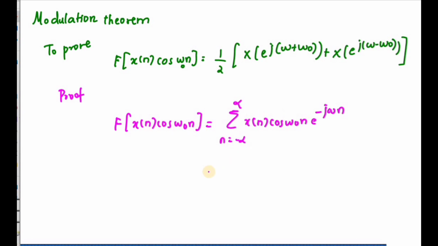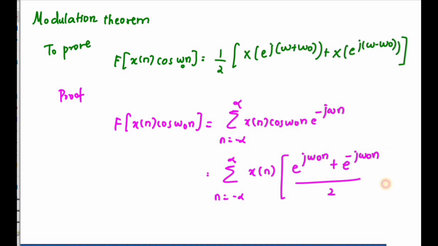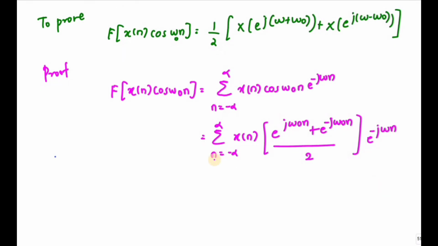This cos omega naught n, I can write as e power j omega naught n plus e power minus j omega naught n divided by 2. This is the formula for cos omega naught n. So in this I can take 1 by 2 common.